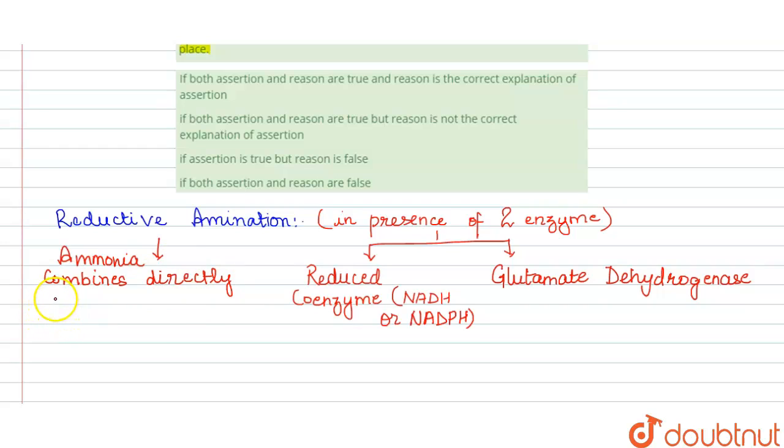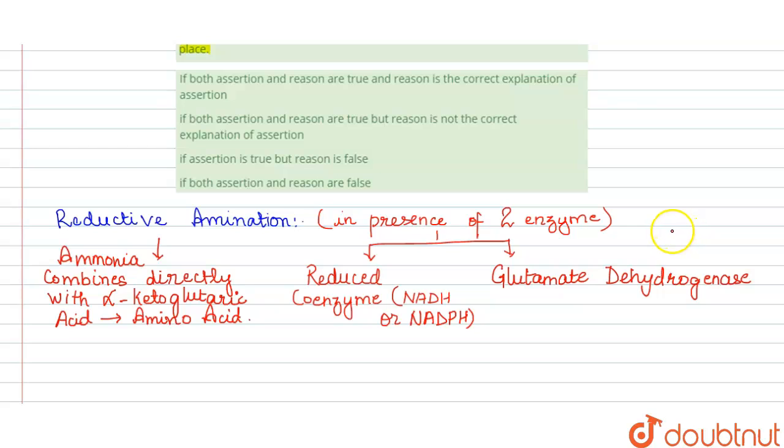With the alpha ketoglutaric acid, to form an amino acid. There is the formation of an amino acid here in the reductive amination process, right?